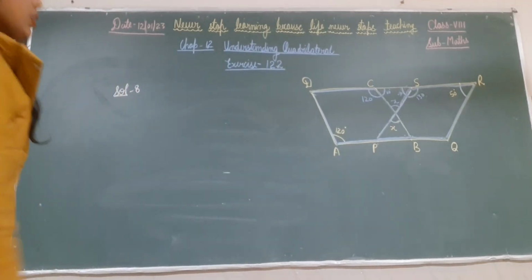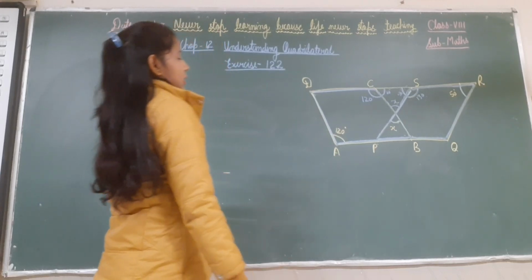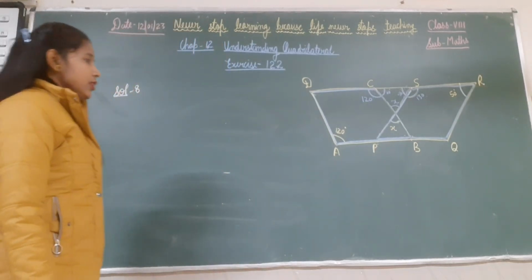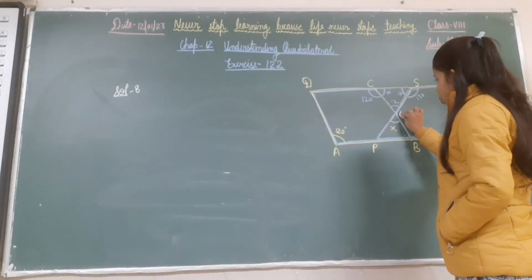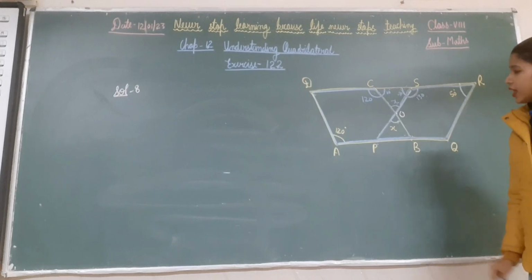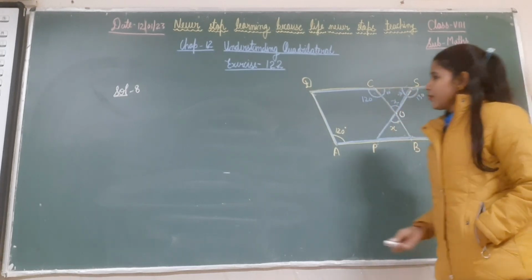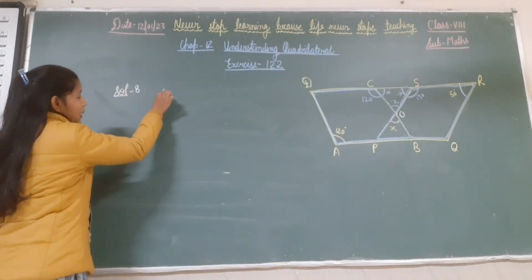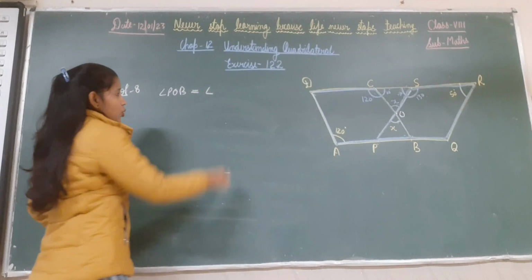So angle, look at here, if this point is O, okay, angle POB is equal to angle COS. So angle POB is equal to angle COS.